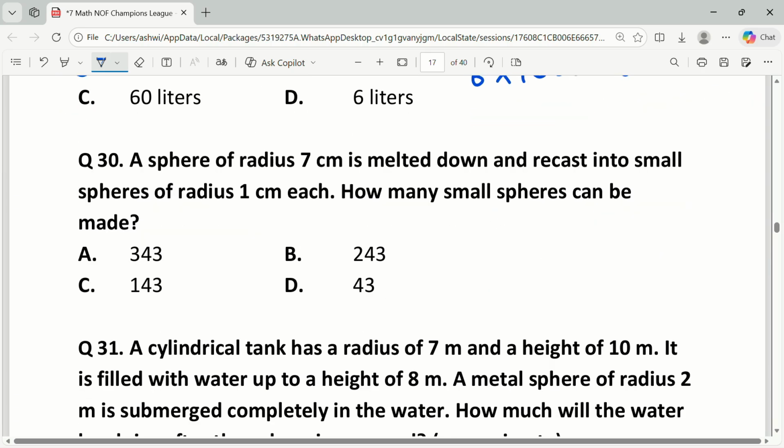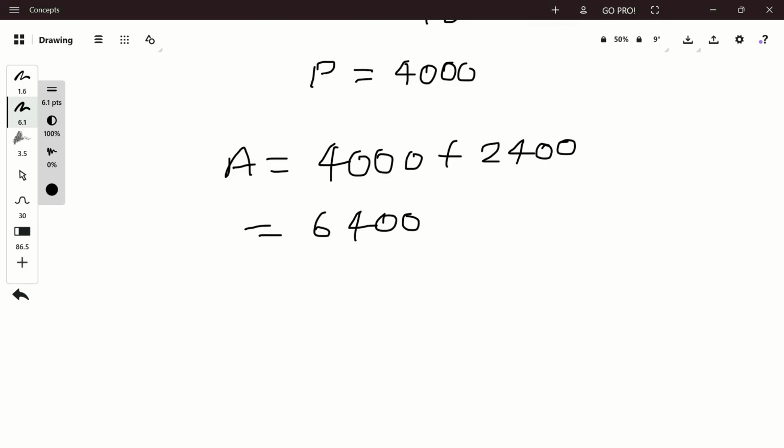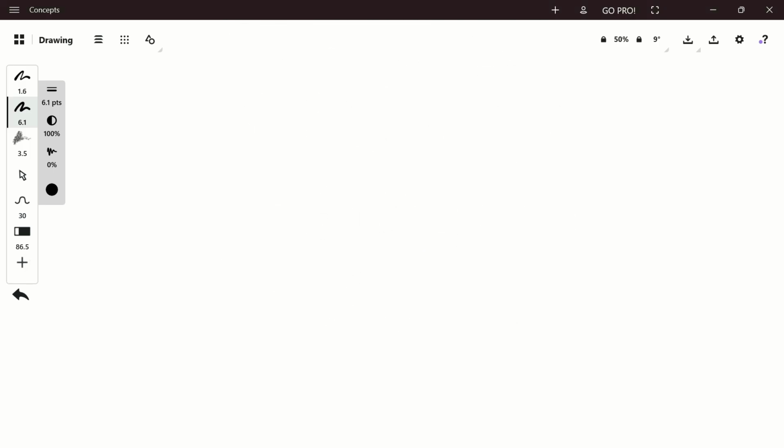Question 30. A sphere of radius 7 centimeters is melted down and recast into small spheres of radius 1 centimeter each. How many small spheres can be made? The volume V of a sphere is given by the formula V is equal to 4 by 3 pi r cube.